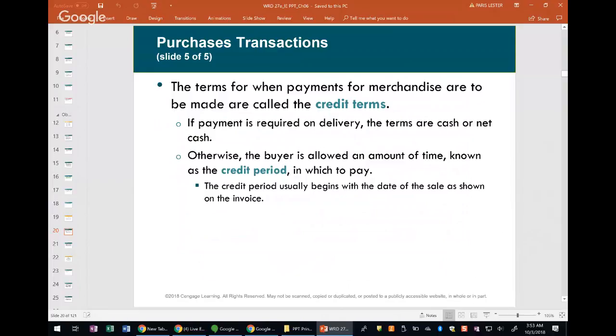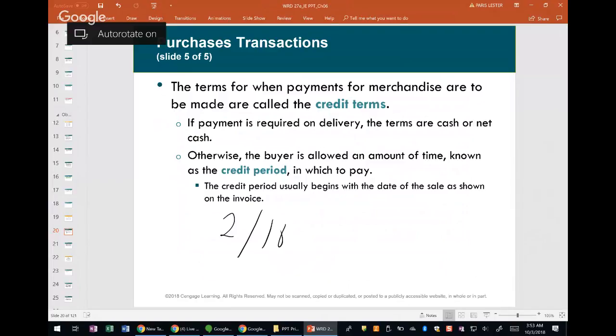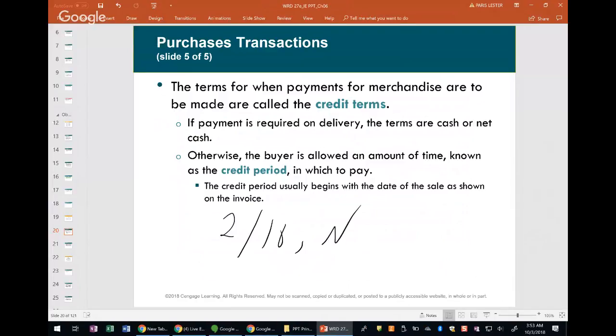All right, there are credit terms on some merchandise. Anybody know what that means? You'll see it in chapter 6.